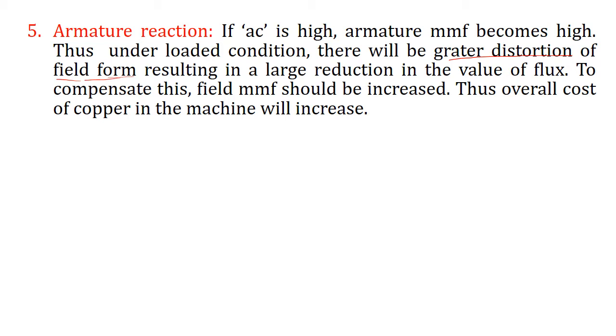So in order to compensate this, we have to provide more MMF from the main field, that is, the number of turns in the field winding should be high. So the overall cost of copper in the machine will increase.